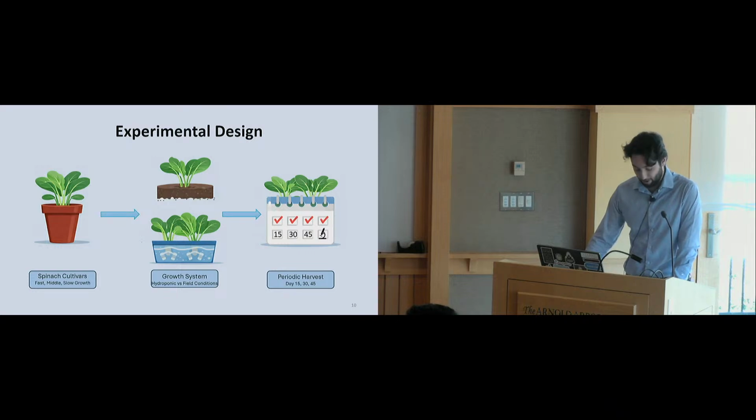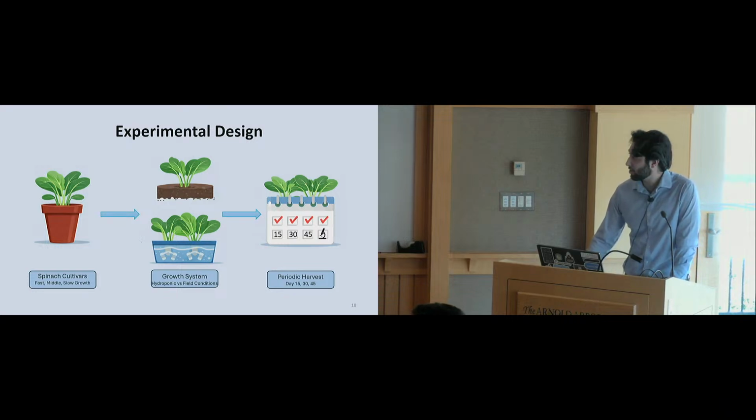So for our experiment, we grew 3 different cultivars, a fast, a medium, and a slow growth cultivar, aptly titled Income for our fast growth cultivar, Dark Side for our middle growth, and El Majestic, sometimes also known as Majestic, for our slow growth cultivar. In both soil and hydroponic systems, these were NFT-based gutter hydroponic systems under controlled conditions in a walk-in greenhouse.